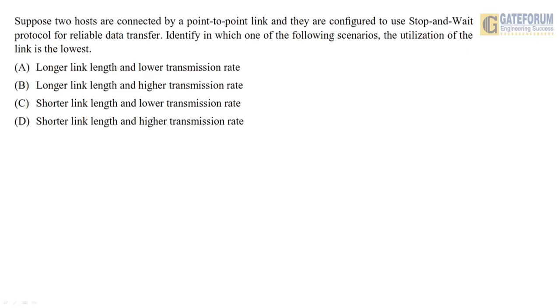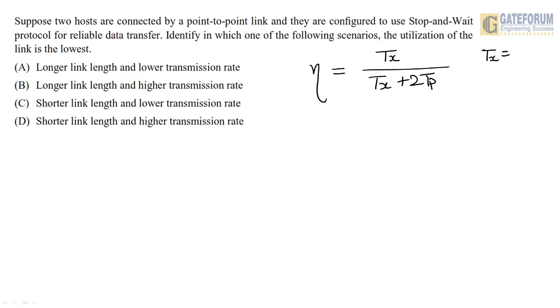First of all, we need to find out the link utilization or efficiency. The meaning is the same. For the stop and wait protocol, the formula for the efficiency is Tx upon Tx plus 2Tp, where Tx is the transmission time and Tp is the propagation time.